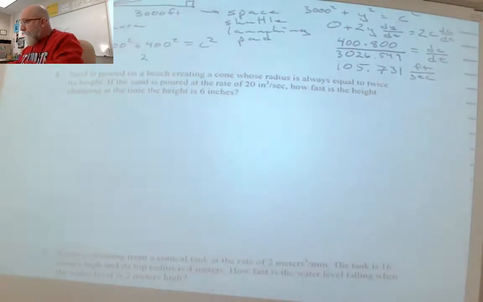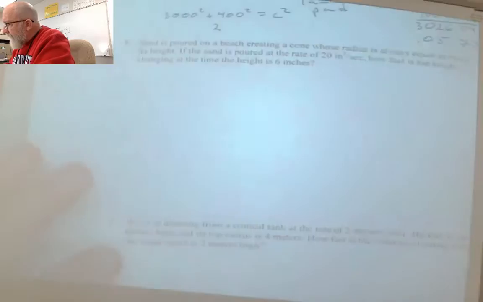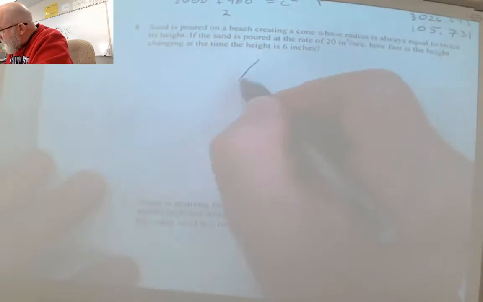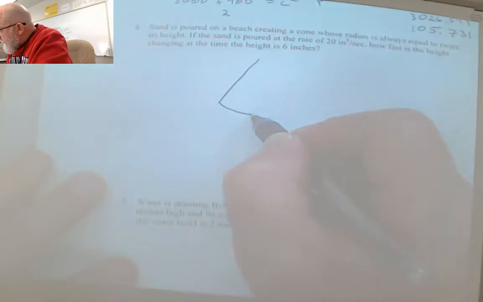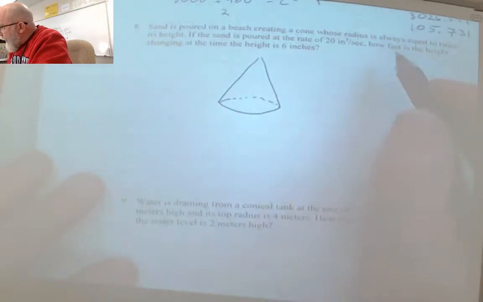All right. Can I go to 8? All right, 8. The sand is pouring on a beach, creating a cone. So I'm going to draw a cone. Whose radius is always equal to, so r is equal to twice the height.